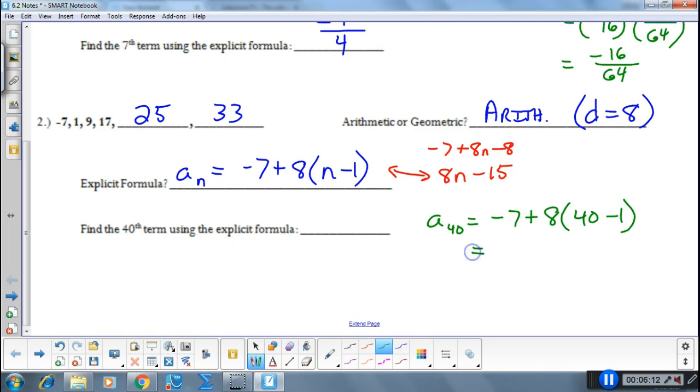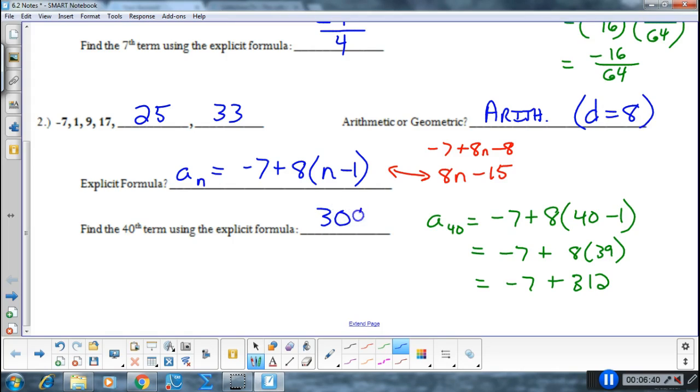That's going to be 39. 39 times 8 is 312. 312 plus negative 7 then is going to be 305. Good with that? Okay.